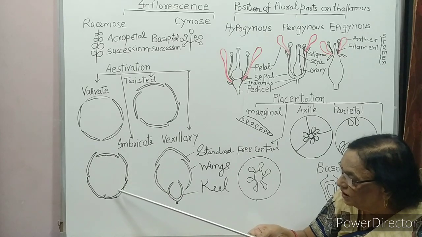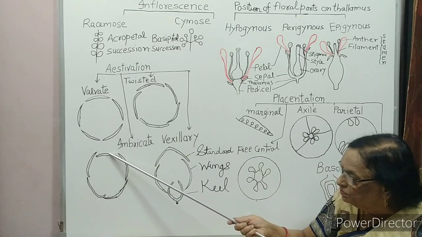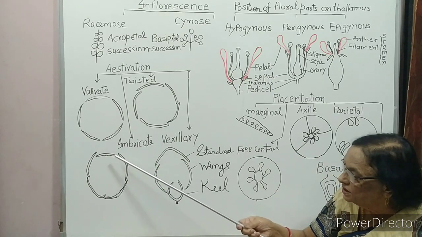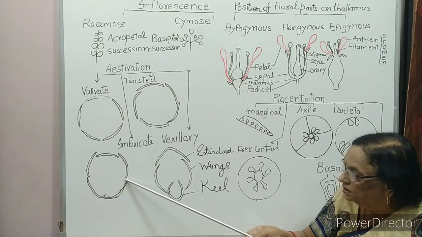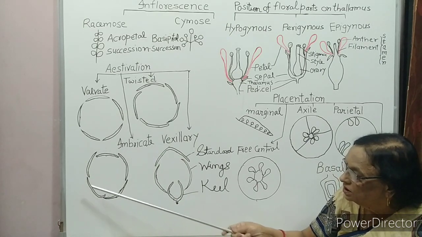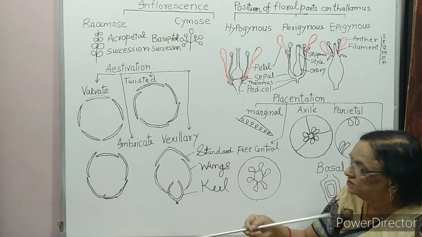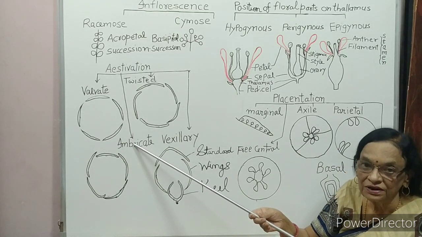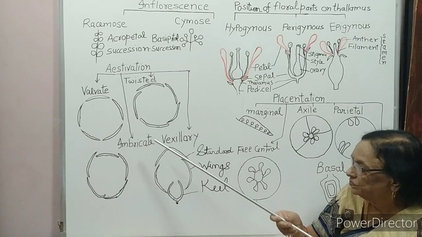So out of 5, one is completely inside, one is completely outside, and the others are overlapping each other. Such an arrangement is called imbricate arrangement.